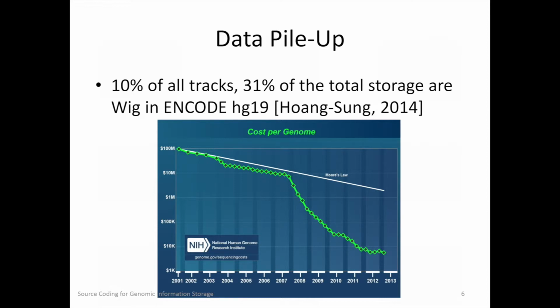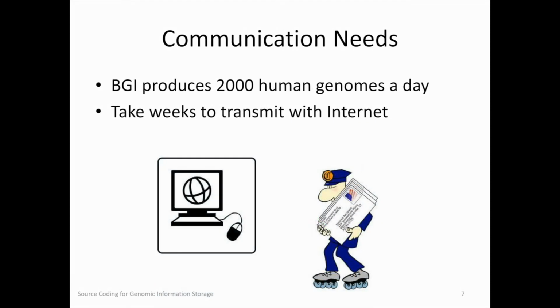As a result, from the storage point of view, it would be very beneficial if we could compress such data using source coding techniques. From the communication point of view, here is a little example I saw in the New York Times. BGI, a sequencing company based in China, produces the equivalent of 2,000 human genomes per day. If you send this kind of information through the internet to customers, it will take weeks.